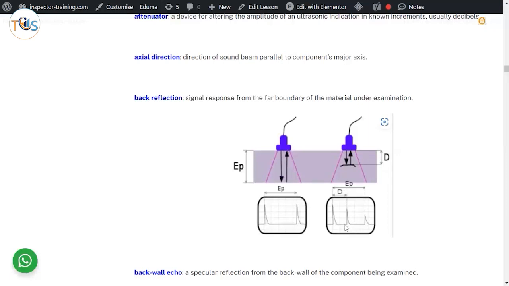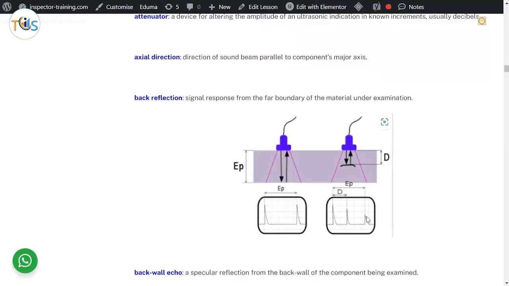Now, if there is a defect in between, some of the waves hit it and come back. The back wall echo you see in the same place here, but smaller. That's because some of the sound has hit the defect in the middle and came back. So you don't have the full sound going up and down like the first picture.